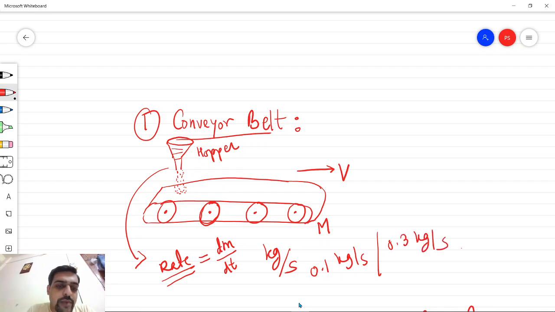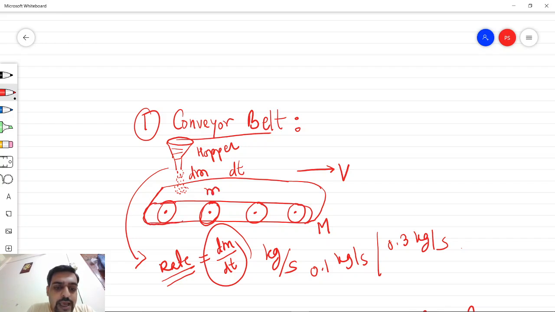So on this conveyor belt, this hopper which is stationary puts some amount of mass at regular intervals of time. So it has got a rate of increase of mass, because whatever amount of mass dm is put in an interval of time dt now becomes the part of this conveyor belt system.